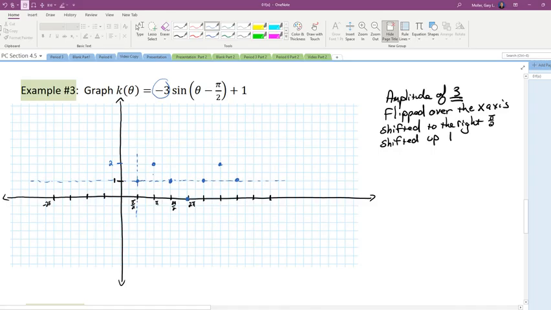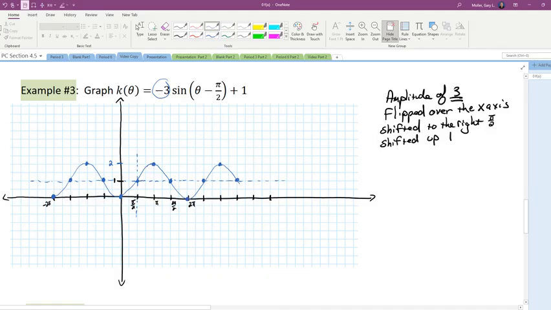Nice and simple. All right, so regular sine in the new location would look like this.